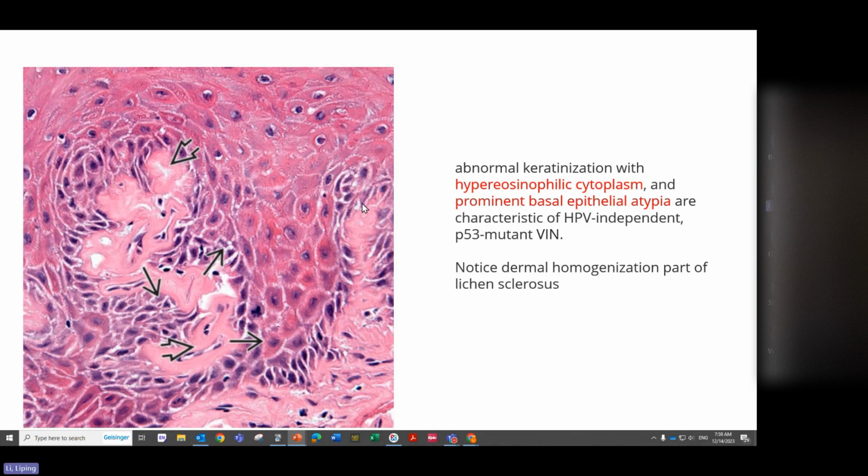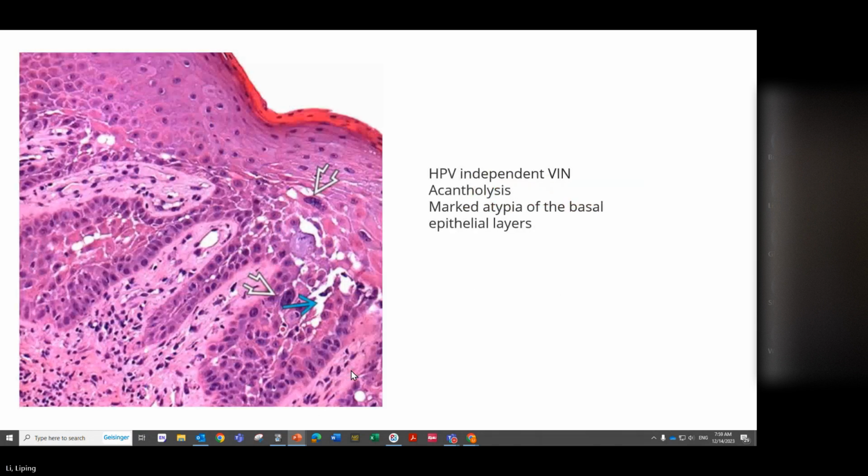And then we also notice that in this papillary dermis, we can see really thickened collagen. So these lesions arise in this lichen sclerosus background. Then again, we can see this P53 mutant, HPV-independent VIN.